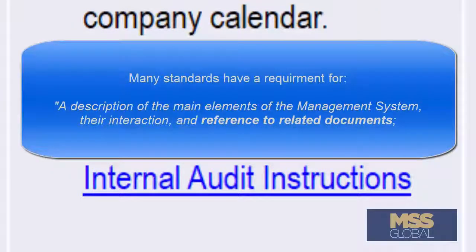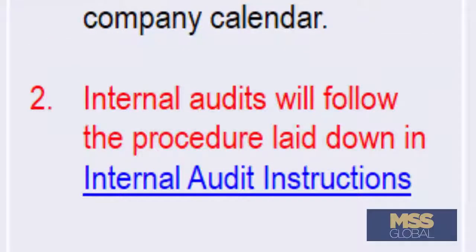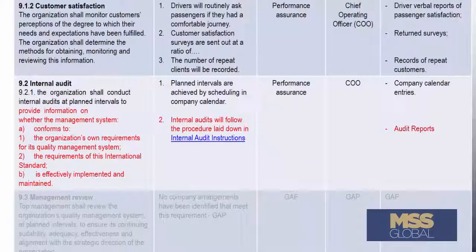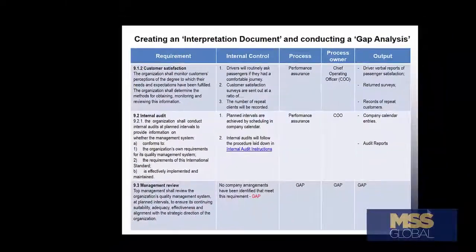So the information isn't in this column, but it's referring to where the document is that will provide the information that answers how we achieve that requirement. The output from actually following the internal audit instructions will be audit reports, and there should be a report for each scheduled internal audit.